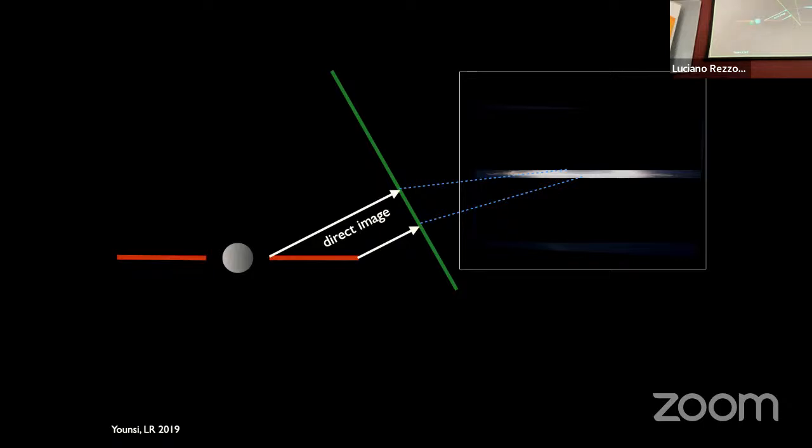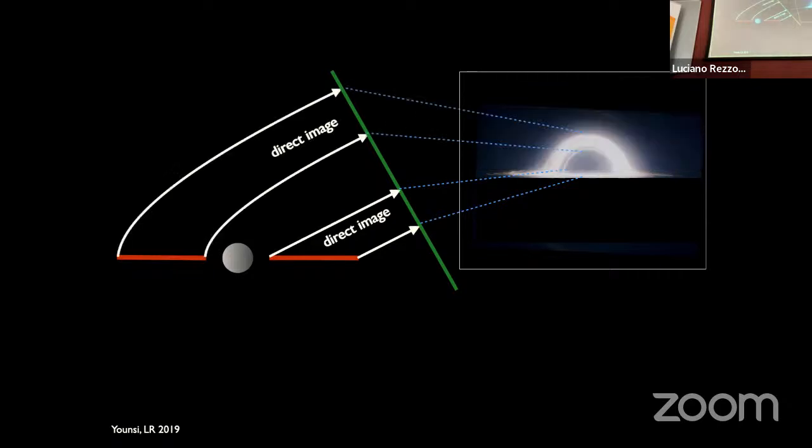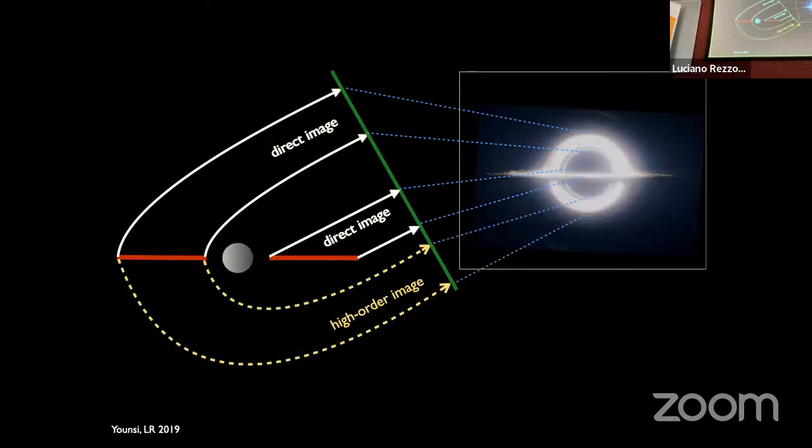But there's going to be photons that, if you shoot them vertically, they can actually be bent and reach you. So you can also see the back of the disk. It's like you can see the back of my shirt. And more interestingly, you can even see the bottom sheet of this light ring.